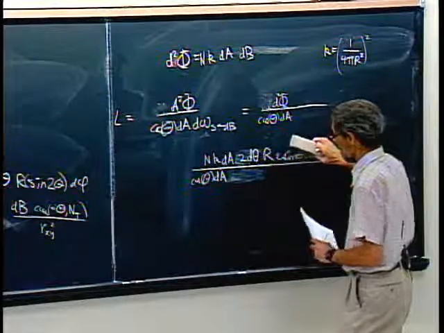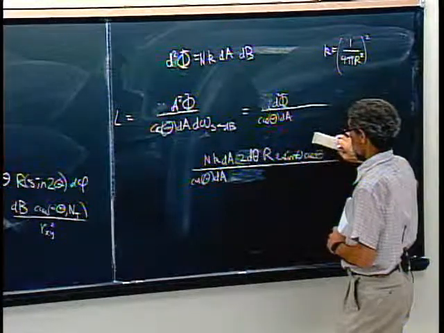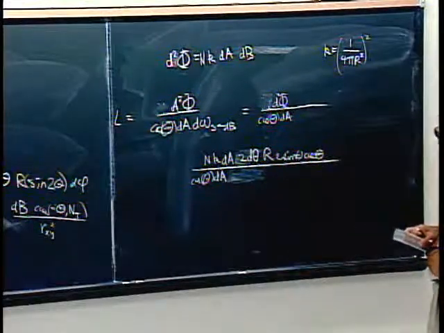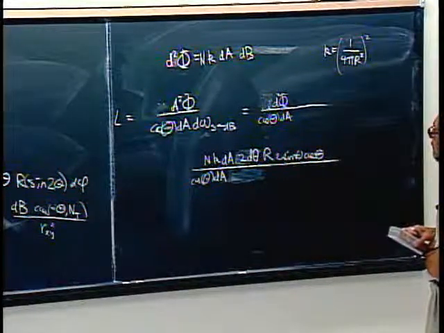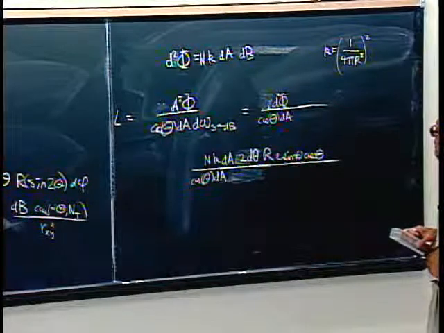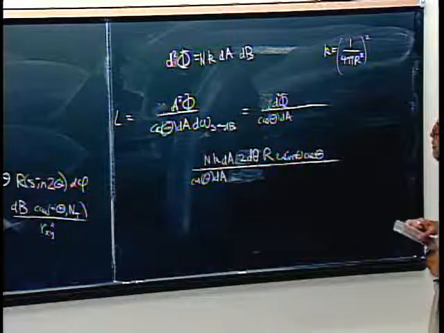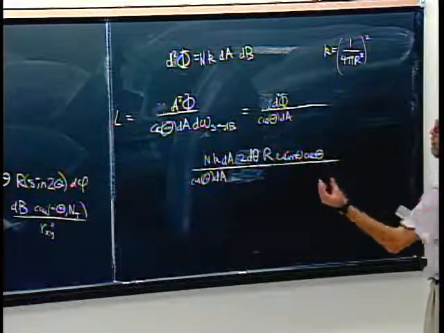I'm totally confused. I had this all figured out before class. What do I want to show? I want to show that this thing is constant, independent of what direction you get on the sphere.